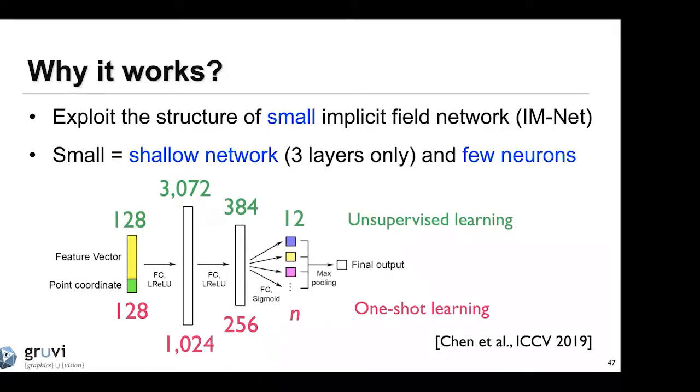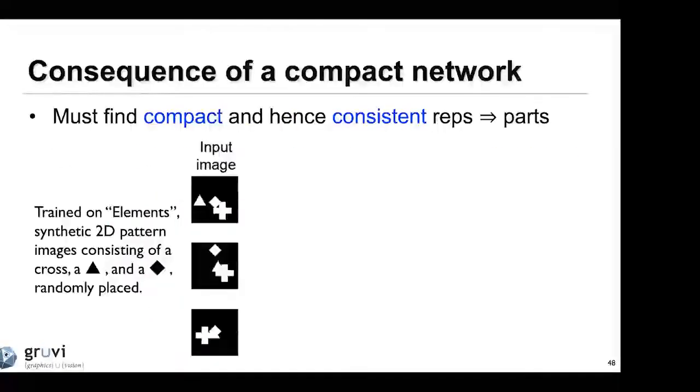And also, it's small because it has few neurons. You can see these numbers here. On top, you have the numbers for unsupervised learning, and at the bottom, you see the network capacity for one-shot learning. Here, N stands for whatever number of labels you have in that one or few examples. So with this small network, you're applying some kind of compaction, right?